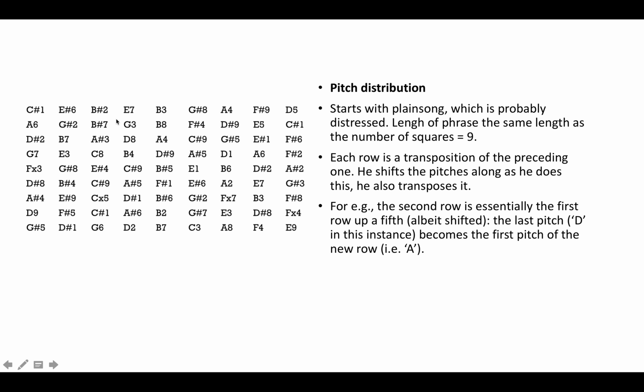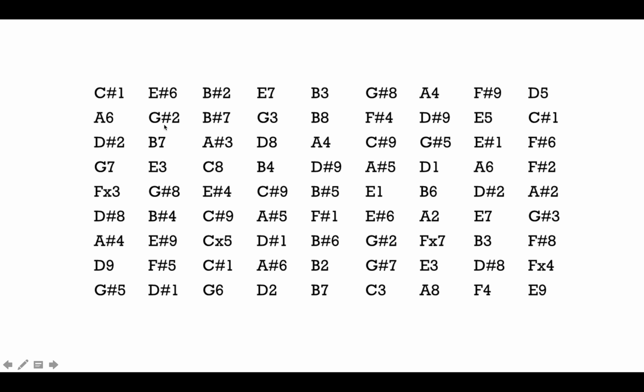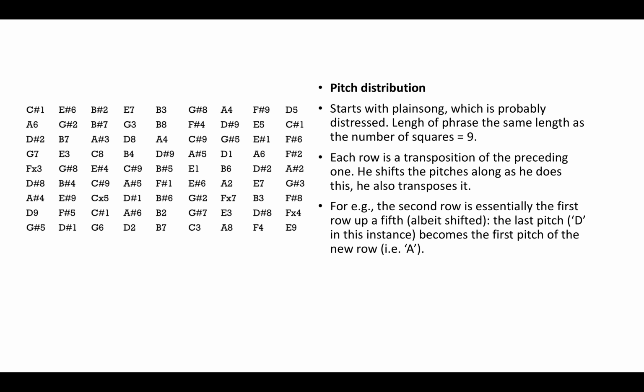And like with the numbers, this pattern is repeated on every row, but the only difference is that the transposition does not always stay the same. So, for example, the numbers are transposed and they shift, whilst this one is a fifth, the C to the G, the E to the B, this one is a second.